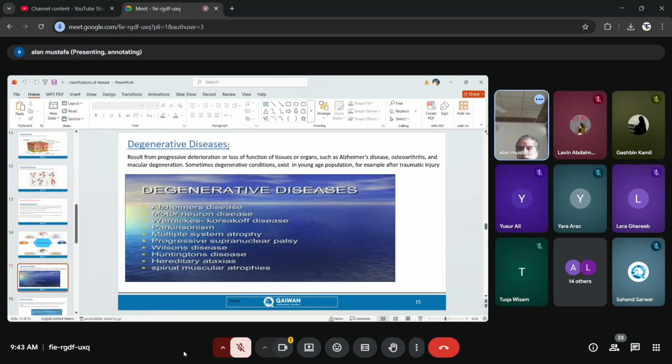Now, another way of classification goes under the name of degenerative diseases. So if I ask you in the exam a question, define degenerative diseases, you have to say these are a group of diseases that result from progressive deterioration or loss of function of tissue or organ.